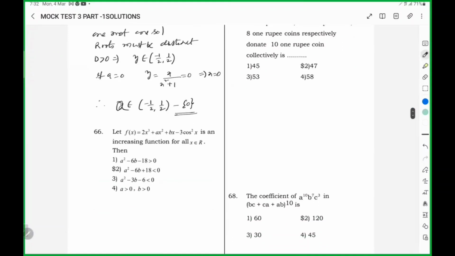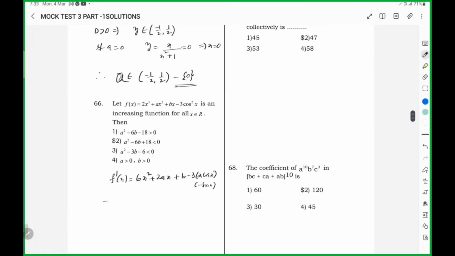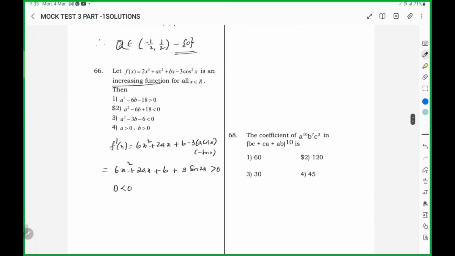Here f dash x will be 6x squared plus 3x plus b minus 3 cos x, again the cos derivative, so 6x squared plus 3x plus 3 sin 2x. Strictly increasing means the discriminant must be negative.